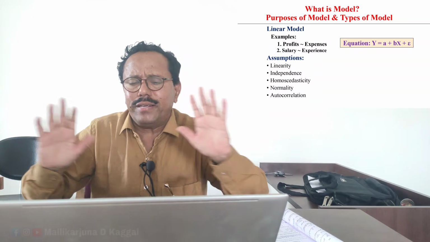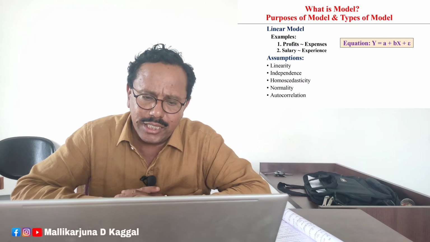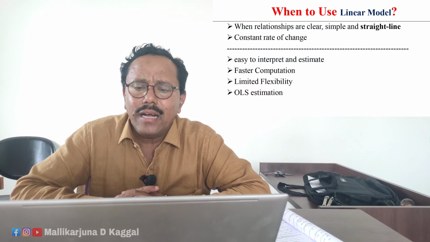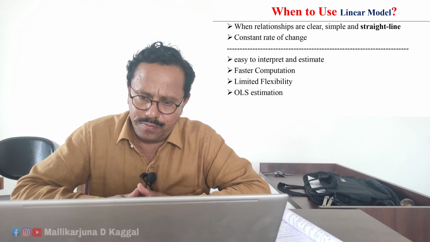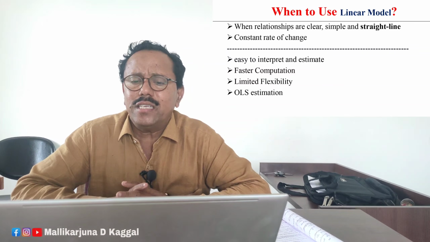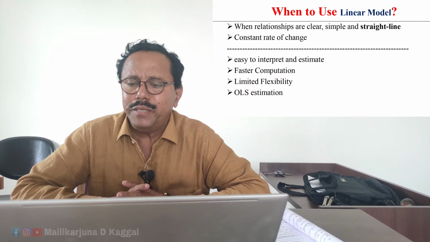What is a linear model? It is a very simple way to say it; let me repeat. It is a straight line relationship. It is an additive model. Why is it an additive model? In the equation there are plus signs: a plus b1 x1 plus b2 x2 plus b3 x3 plus.